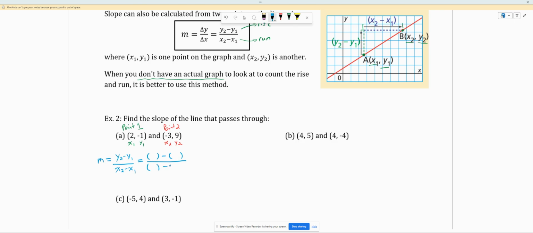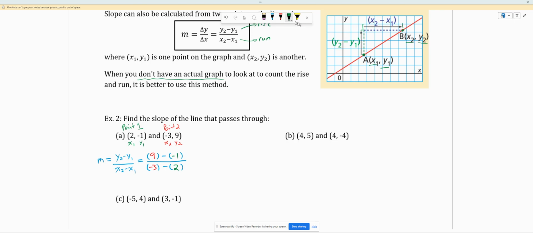Can't go wrong this way. And now I'm going to enter in my x2 and my y2. So based on this formula, y2 is 9. I get that from right here. And x2 is -3. Okay, and then let's put in my other 2 values. My y1 is -1, and my x1 is +2.